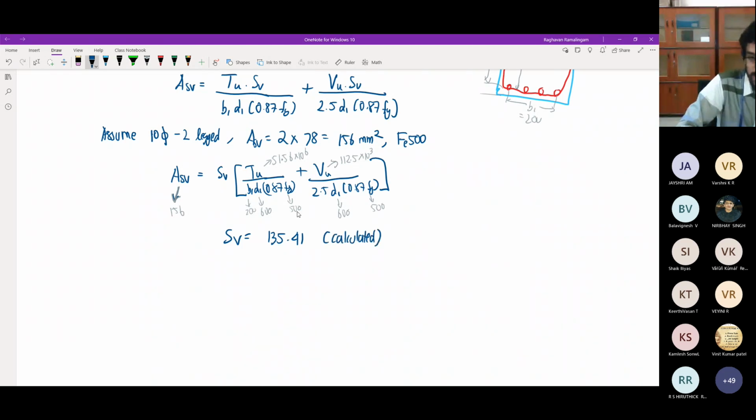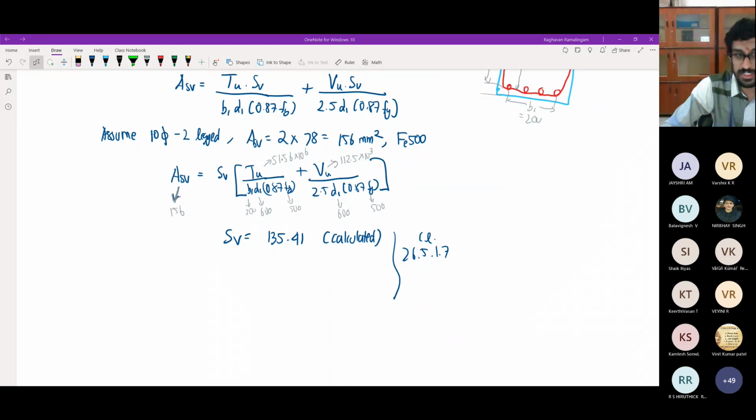So you also have some restrictions on what the spacing can be. These restrictions are given in clause number 26.5.1.7. You look at this clause, you have restrictions on the maximum spacing that you can give.